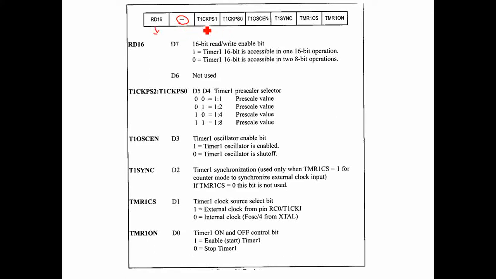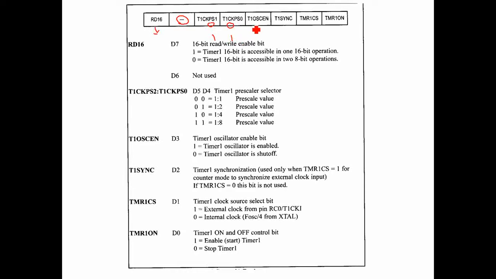Then we have T1CKPS1 and T1CKPS0. These are the timer 1 prescalar selector bits, from 00, that is 1:1, to 11, that is 1:8. So you can have any of these in between.